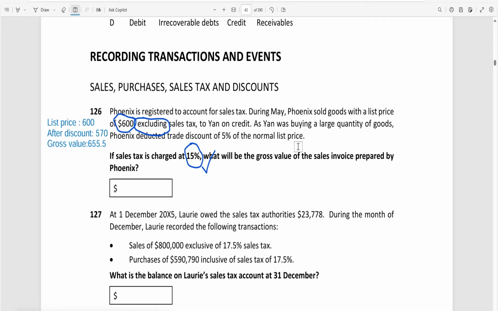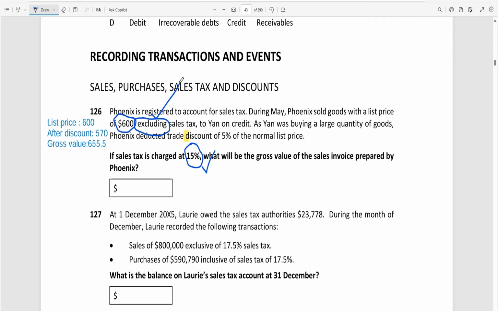Remember what I told, I am repeating again. The mistakes students make are, first and foremost, let me color it, they assume the sales tax amount, which is incorrect. The other is whether the price includes the VAT or sales tax, or excludes the sales tax.